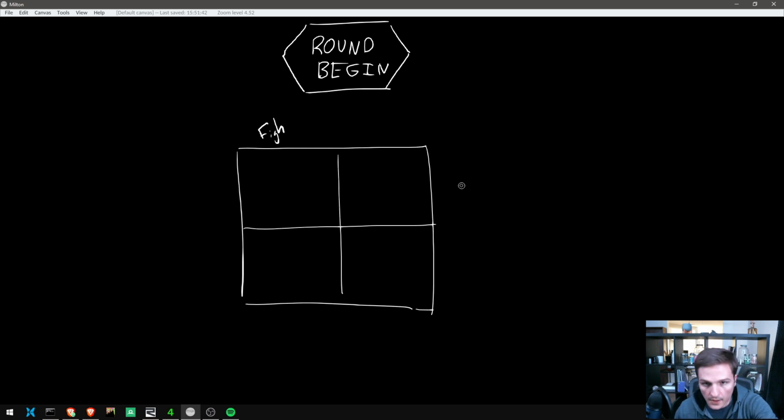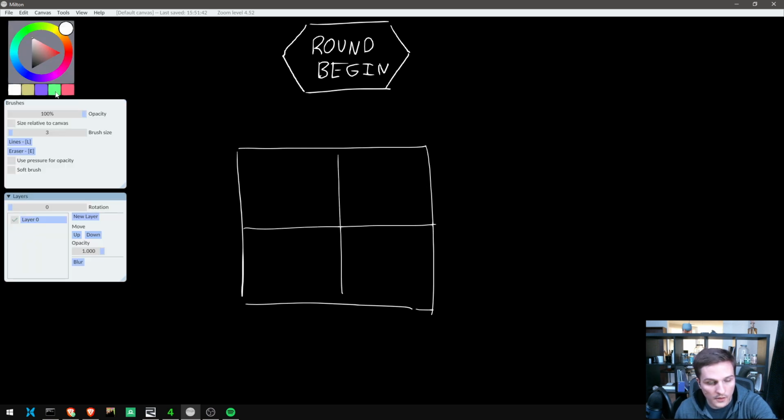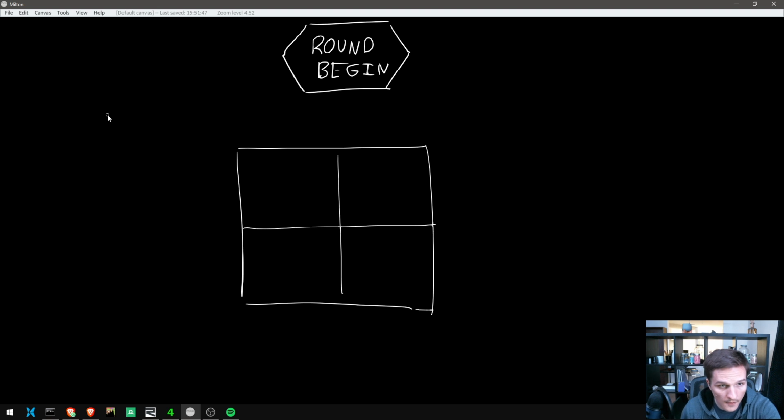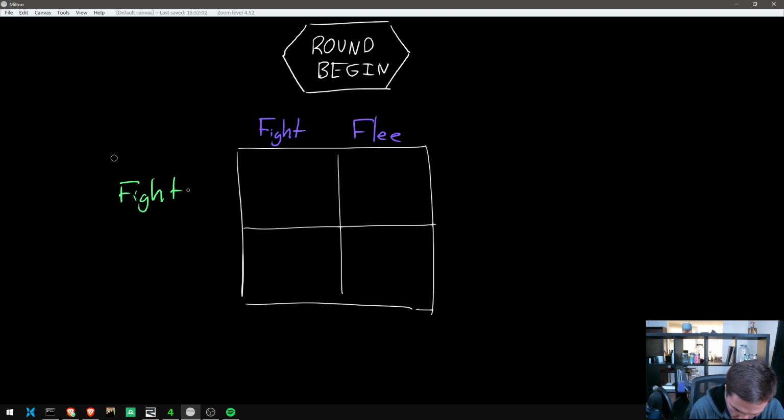Here, I will use colors now because we are dealing with two different players. Player 2 gets fight and flee along the top. Player 1 gets fight and flee along the sides.